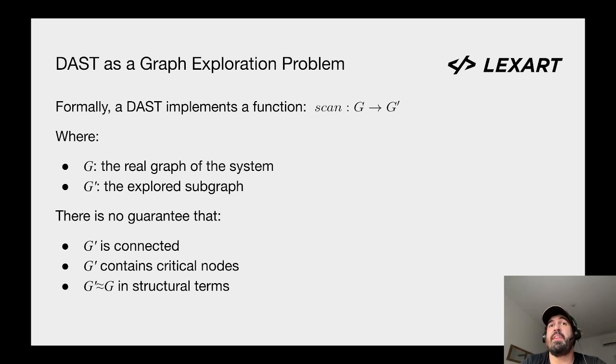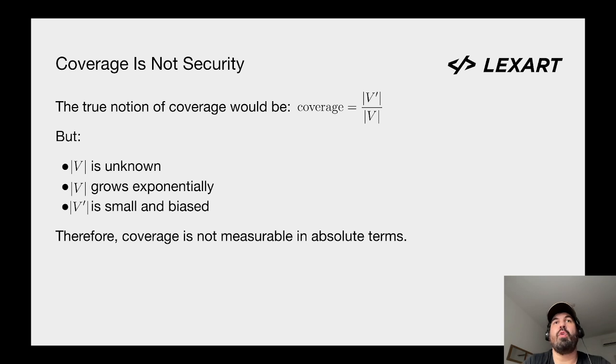There is no guarantee that G prime is connected, that G prime contains critical nodes, or that G prime is equivalent to G. Just to remember, a connected graph is a graph in which every node is reachable from every other node through some path. So we can say that coverage is not security.